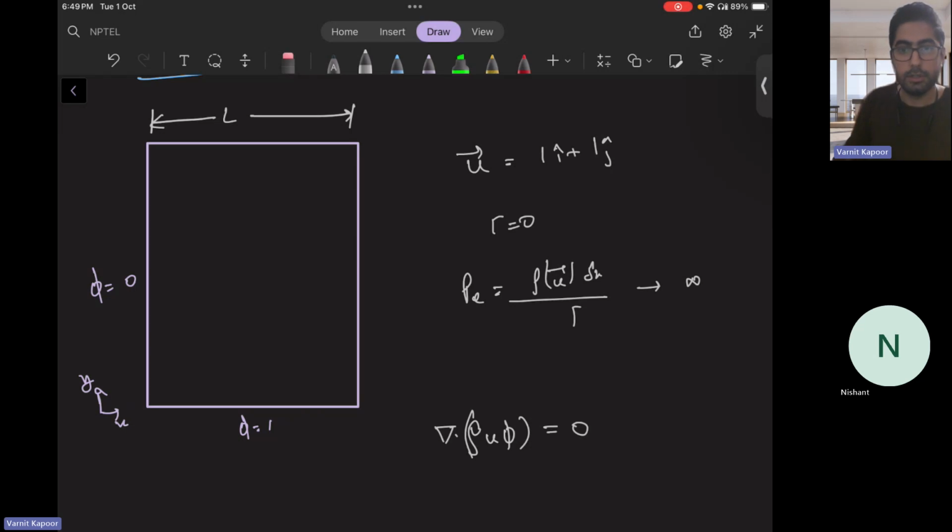This is your equation. Simple. Now think how you will try to do it.